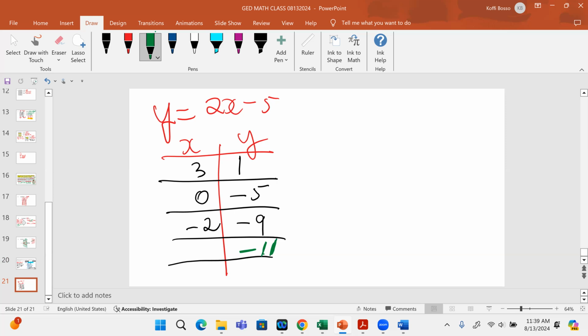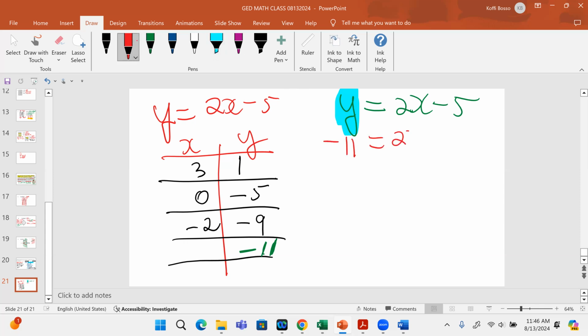This time, they give the output and ask you to find the input. What I'm going to do is this. When we have y is equal to 2x minus 5, we're going to replace that y here by -11. So -11 is equal to 2x minus 5, correct? And we're going to solve for x.